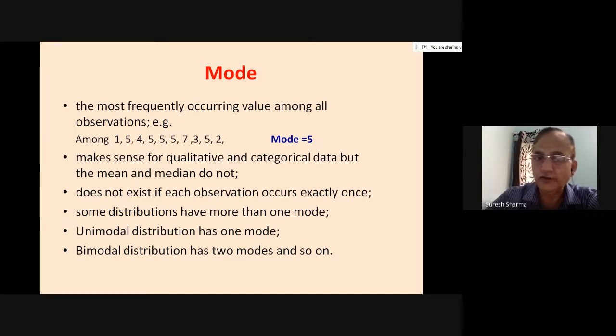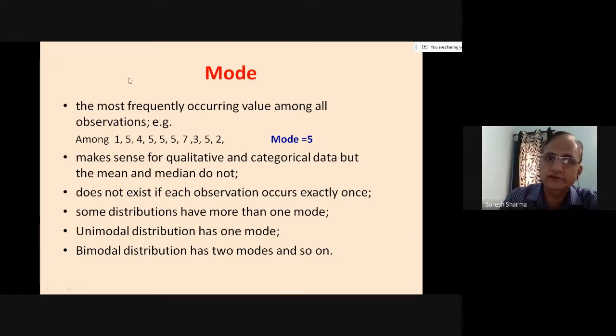Right? Now, if I change the data again, let's say every figure is occurring once. 1 occurs once, 2 occurs once, 3, 4, 5, 7. Every figure occurs one time only. There is no repetition. My question is, what is the value of mode? Some of you may say, all the values are mode. Absolutely wrong.